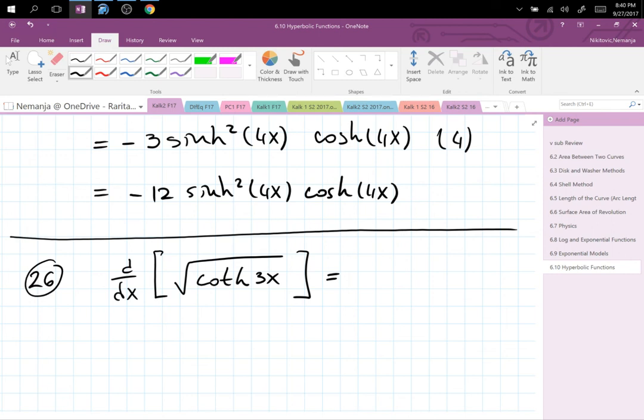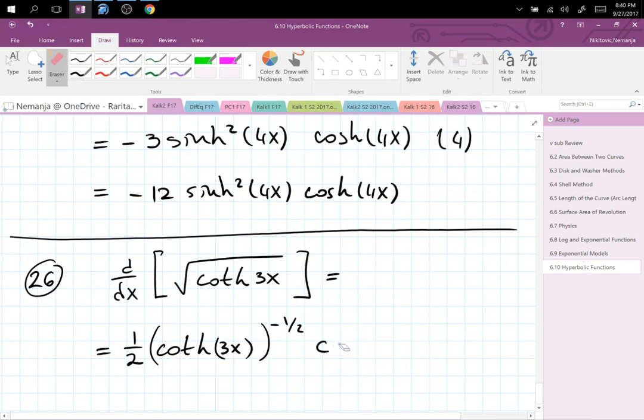So the square root is the 1/2 exponent, right? We start from there. So 1/2 of cotangent hyperbolic 3x raised to the -1/2 times the derivative of the inside. The derivative of the cotangent is cosecant. Yes, cosecant hyperbolic squared. Very good. Cosecant hyperbolic squared of 3x, and then we still have times 3.